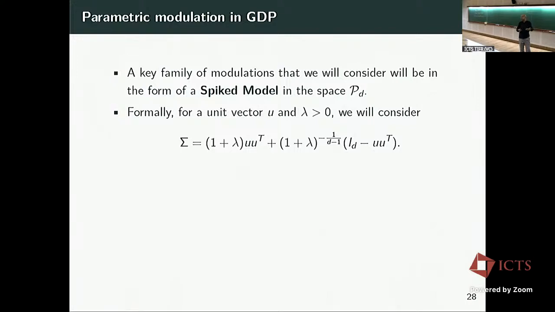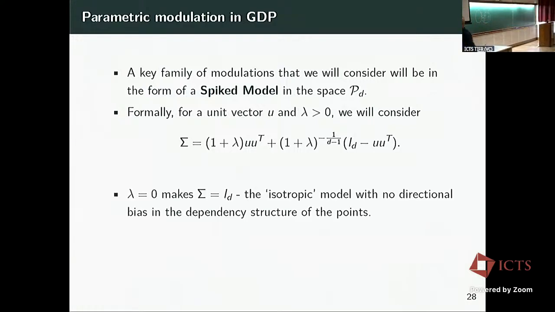But we want to keep the determinant unchanged, so we compensate for that factor by distributing the determinantal effect of the shear factor uniformly across all the other directions. Okay. So this is the natural notion of spiked model in this setting.